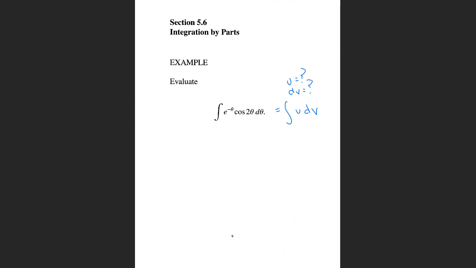Oftentimes there's only one right choice that'll work, but sometimes you can get something different. I'm hearing several people say let u equal e to the negative theta, and I will tell you that would work.